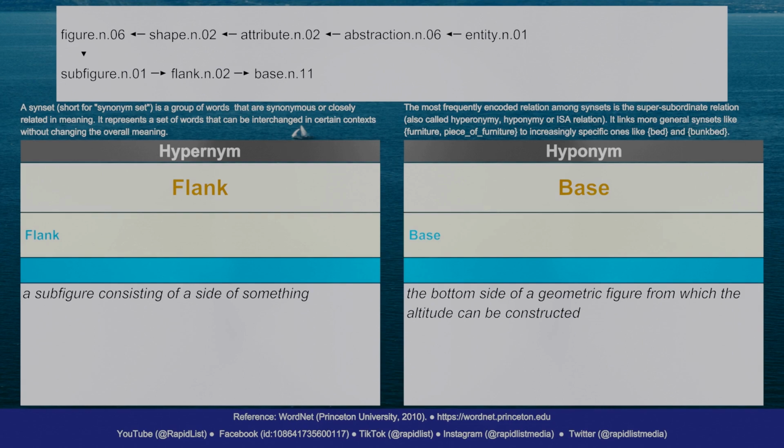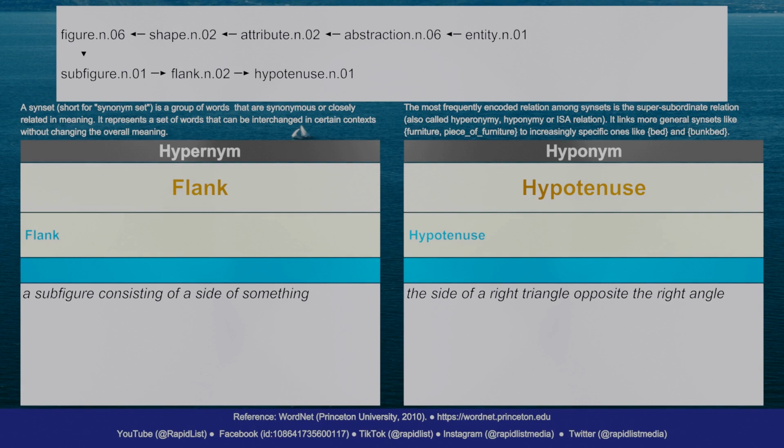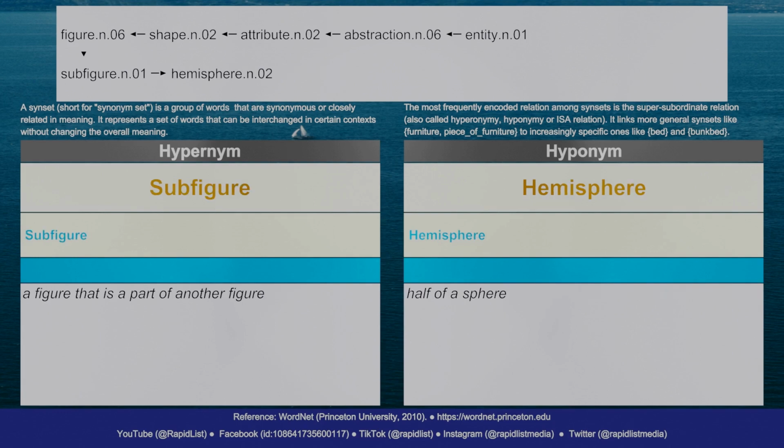The base of the triangle. Hypotenuse. The side of a right triangle opposite the right angle. Hemisphere. Half of a sphere.